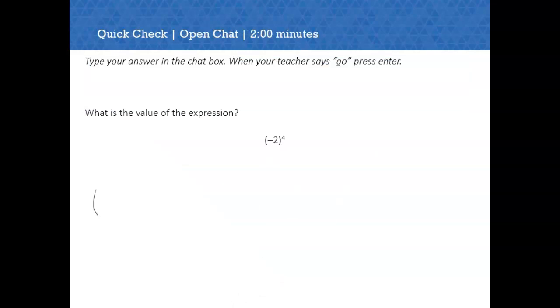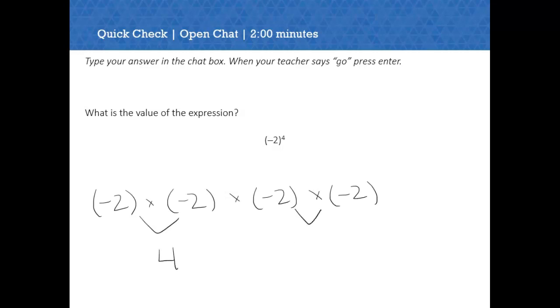Negative 2 to the fourth power means negative 2 times negative 2 times negative 2 times negative 2. So negative 2 times negative 2 is 4. So this is also 4. 4 times 4 is 16. That's just a reminder that if this is in parentheses, the negative comes with it when you evaluate that exponent.